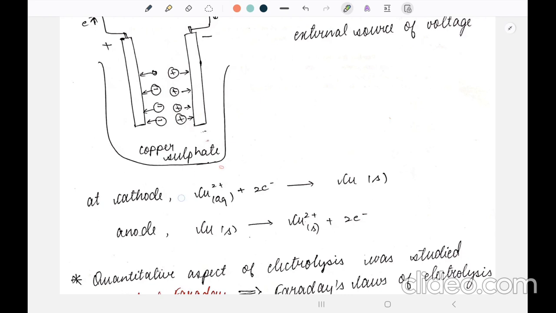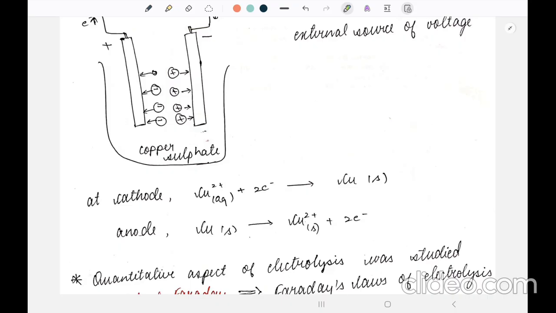Here Cu2+ plus 2 electrons will give us pure copper, and thus in an electrolytic cell the cations are attracted towards the negative electrode, that is the cathode, and it will accept the electrons. Hence reduction will occur at the cathode.